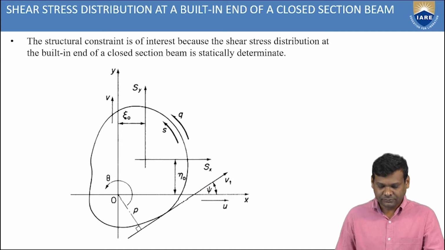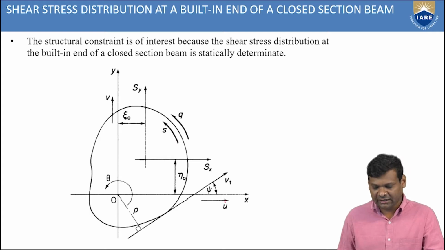Moreover, let us take the origin at point O, and Q is the shear flow distribution existing within an element. Sx and Sy are the shear forces acting at a distance of eta naught from the x-axis and zeta naught from the y-axis, and s is some length taken along the geometry.